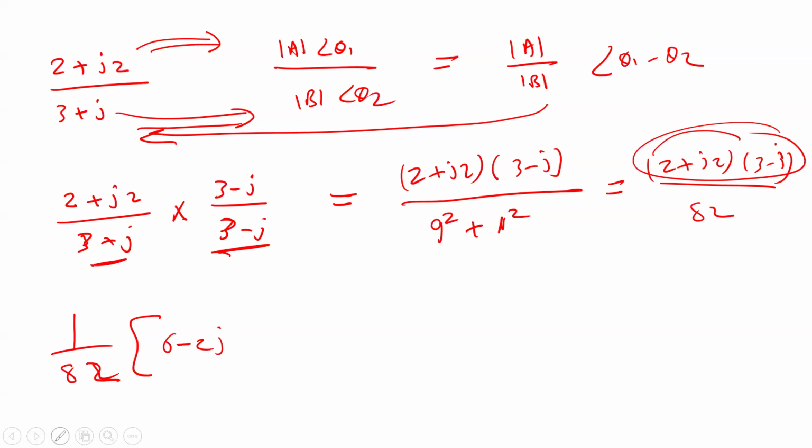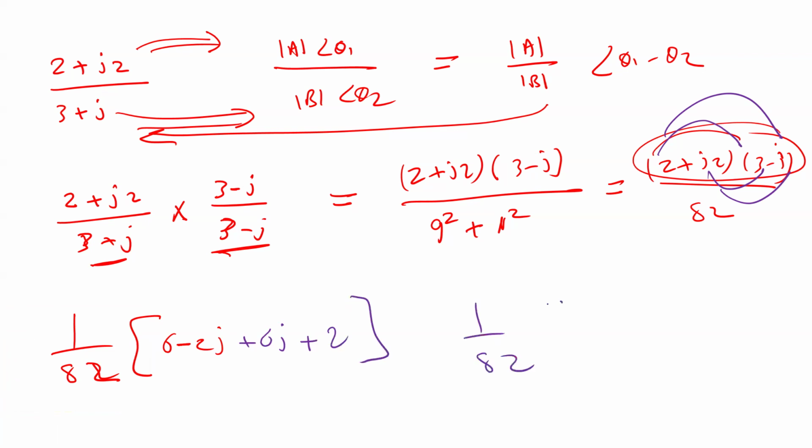So it should be plus 6j, plus j2 times negative j, and j times j is negative 1, and we already have a negative, so it becomes plus 2. Then you add real to real, so it's 1/10 multiplied by 8 plus 4j.